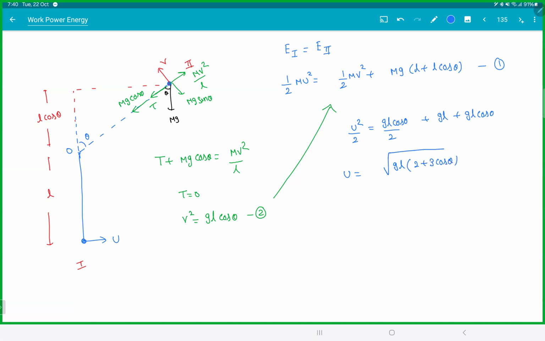Check. This is your speed. That's not the answer. Check out the steps here. We still didn't get it. We need to find theta now. I have two variables, theta and u. If I can somehow find theta, my job's done.